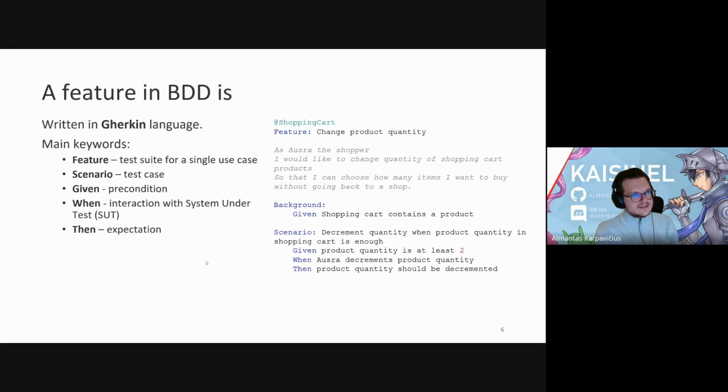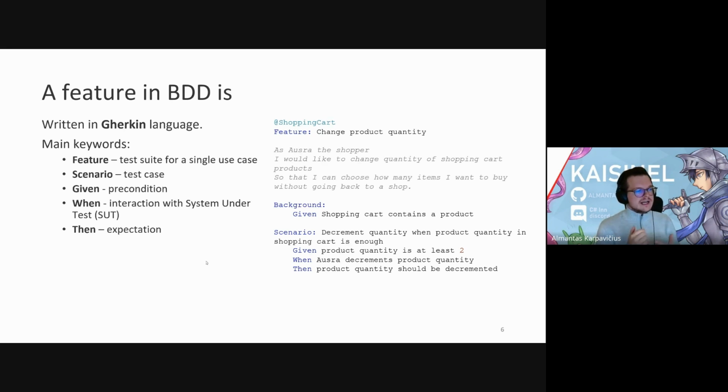So you can involve more than just technical people in testing. You can involve business people and even give this to the customer if you want. A feature in BDD is like a test suite, and a scenario is like a test case.